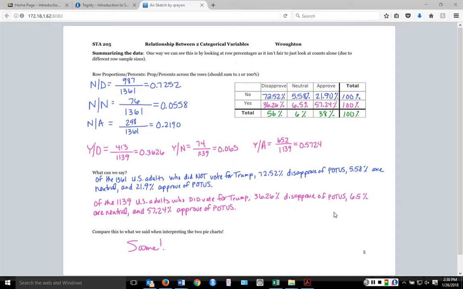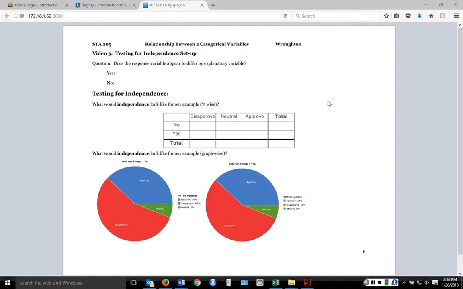Okay, what that means in our example is, are these numbers different basically for those that didn't vote for Trump and those that did vote for Trump? So basically, are these values considerably different from each other? If our answer is yes, we say the response variable is dependent on the explanatory variable.